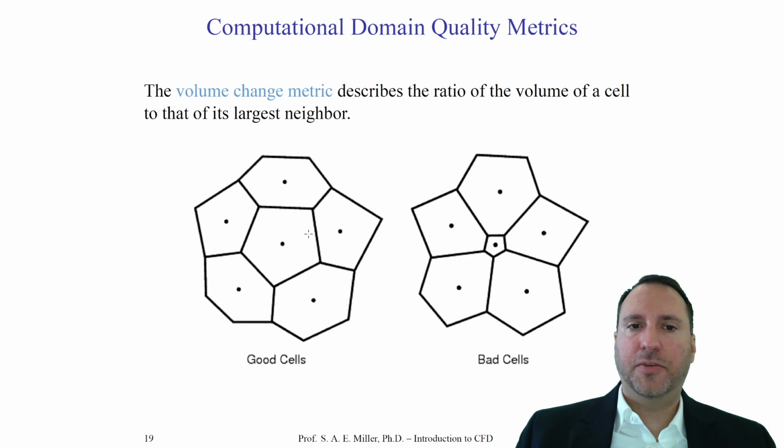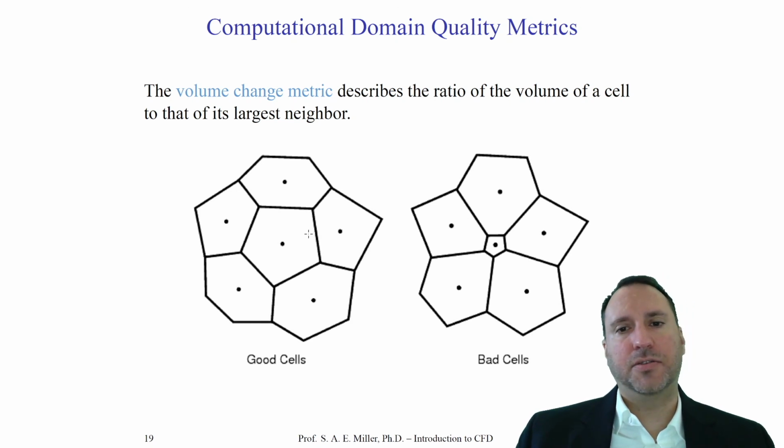A relative change in volumes of elements or cells that becomes too large makes the solver unstable, and the solution will not be as good. You want to have a gradual change of the volumes of each subsequent cell. Plus or minus 10% of the volume of the neighboring cell might be a good metric. 100 or 200% volume changes would probably be bad and perhaps make your solver unstable.